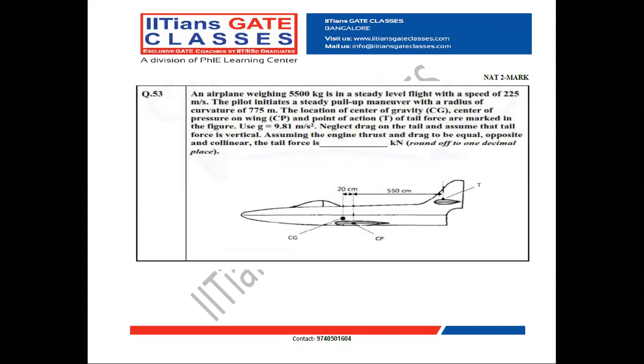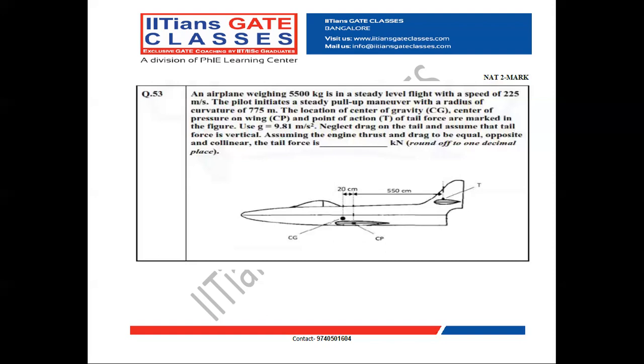The location of center of gravity, center of pressure, and point of action T of the tail force are marked in the figure. Use g equal to 9.81 meters per second square. Neglect drag on the tail and assume that tail force is vertical only.